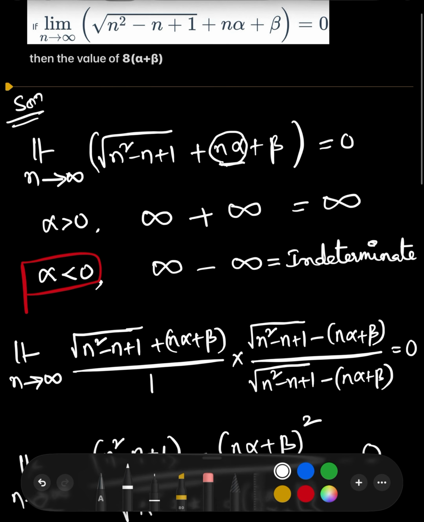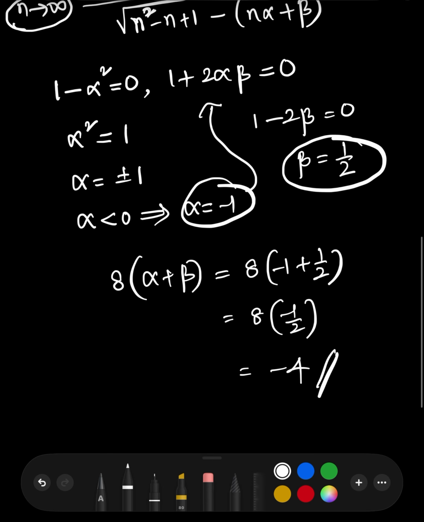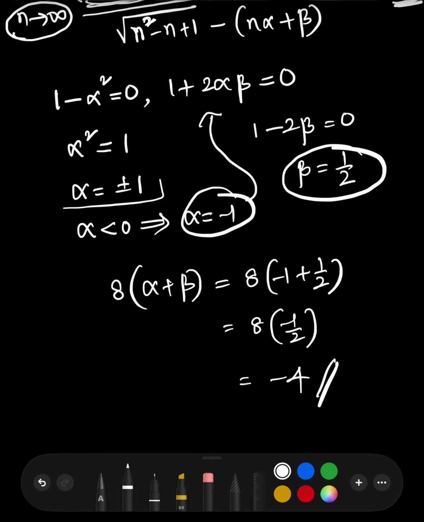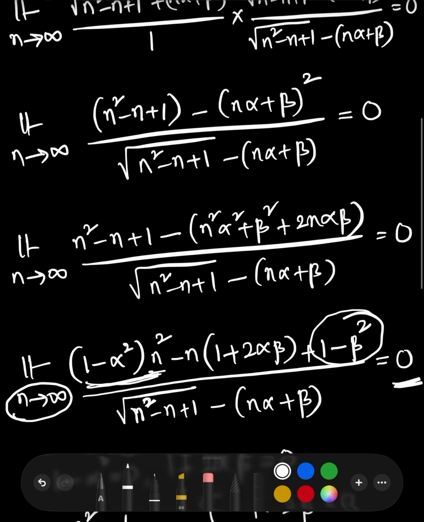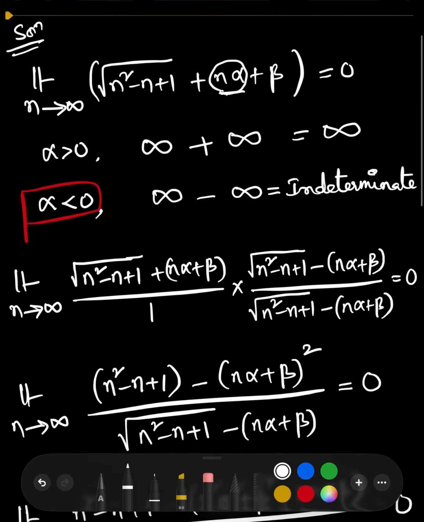In this question, the most important thing is alpha, because we get two values of alpha, plus 1 and minus 1, and we choose minus 1 only. That is the main important concept of this question. Thank you.